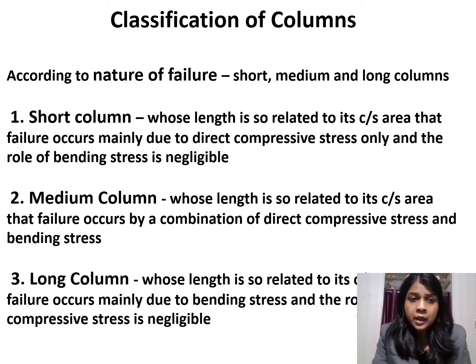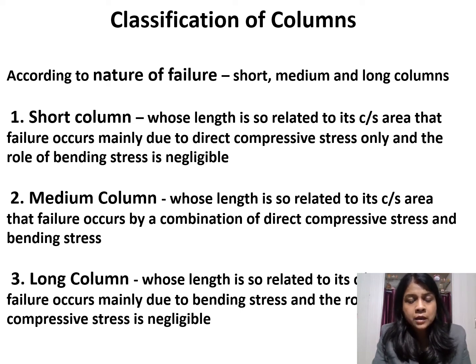So in case of a medium column, what will happen? A medium column is neither short nor long, so when we apply some external load to it, the column will try to compress to some extent and also will be bent to some extent.